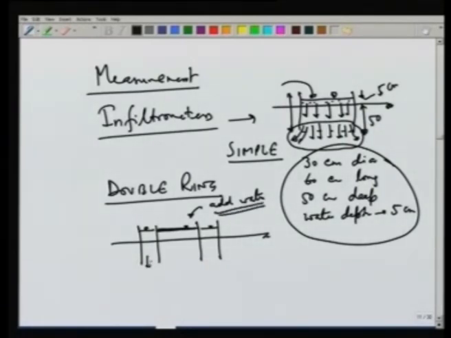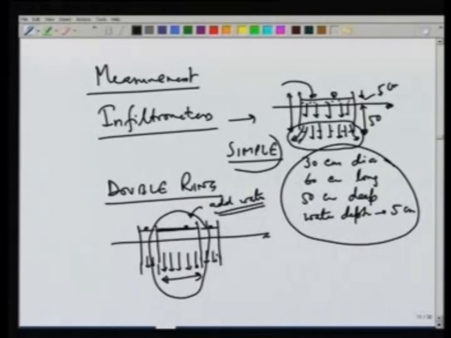But here, because of the presence of the outer ring, the flow will be nearly one directional or one dimensional in the entire area, and therefore, this will give us a better measure of the amount of infiltration which is taking place. So, these infiltrometers, either simple or double ring, can be used to estimate the infiltration.